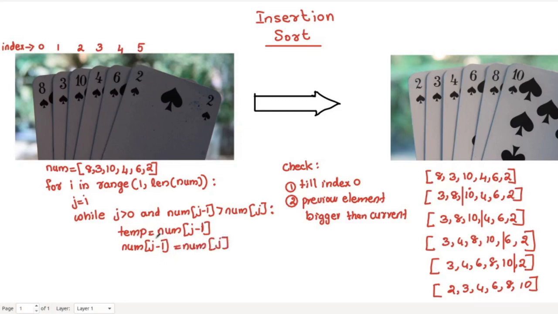These three lines swap the elements num of j minus 1 and num of j. So this is how insertion sort works.